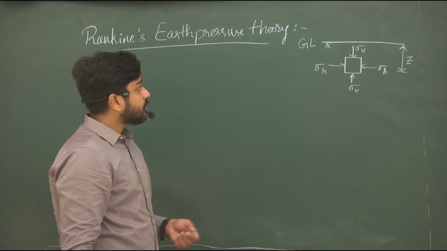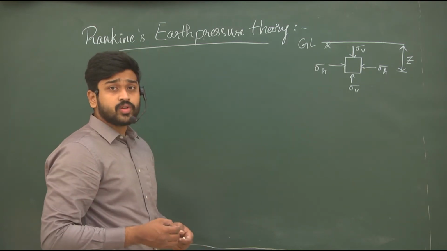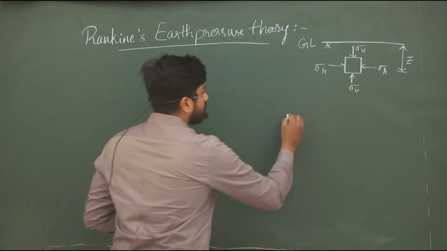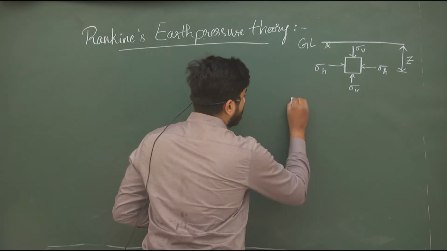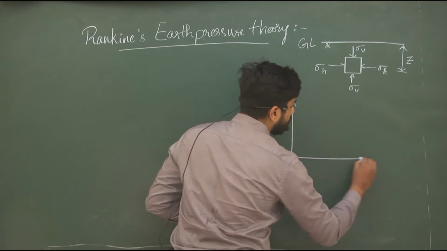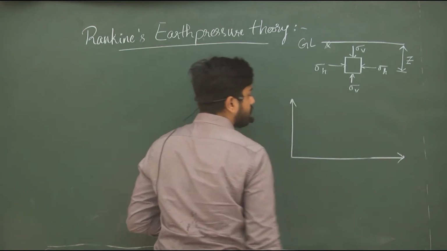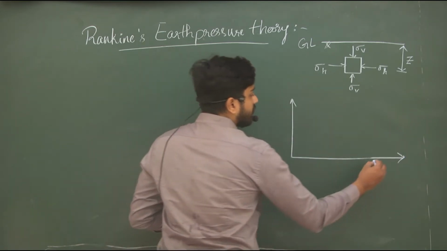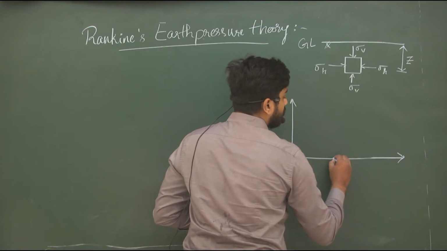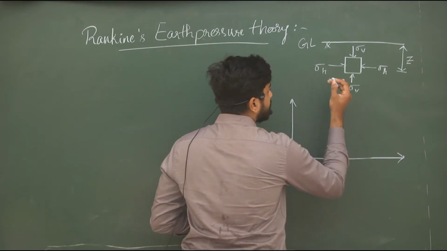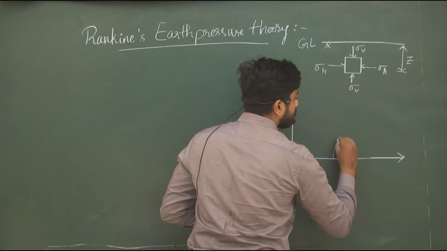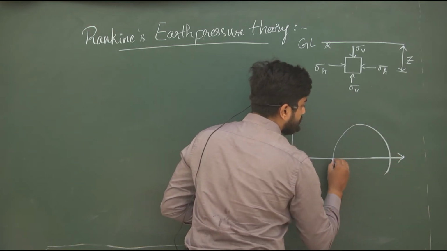For this, if I have to draw a Mohr circle, representing it on a plot, considering the vertical stress as well as the horizontal stress, we draw a circle in this manner.